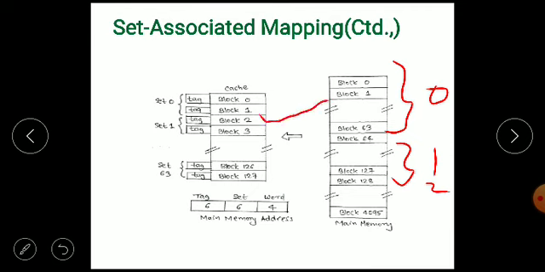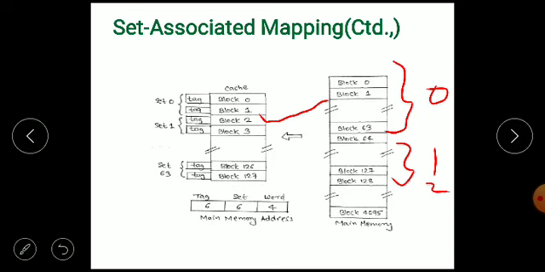Block 2 and block 3 belong to set 1. Similarly, block 65 can also be stored in either block 2 or block 3. So we can store the second blocks from every page of the main memory in any one of the blocks from set 1.